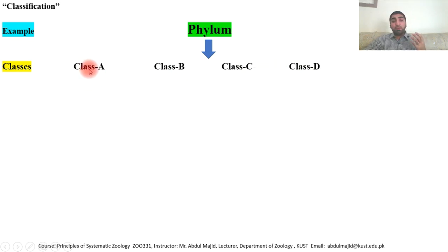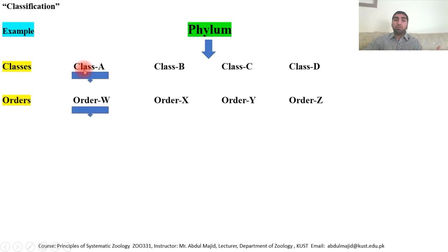Then we divide the classes into orders, because a class is again a very huge, very large, very diverse group. So we divide it into subordinate groups.